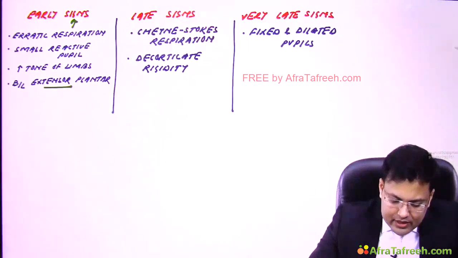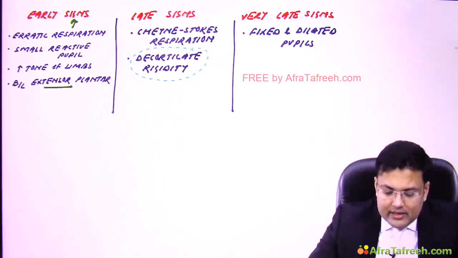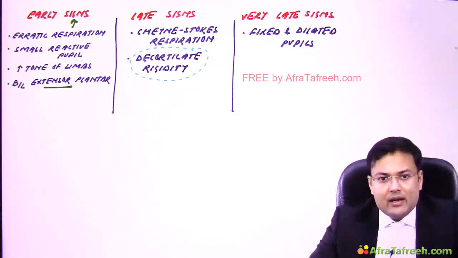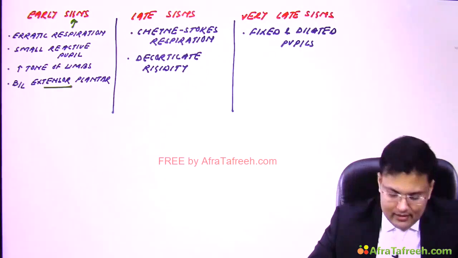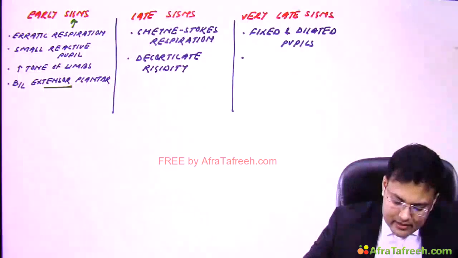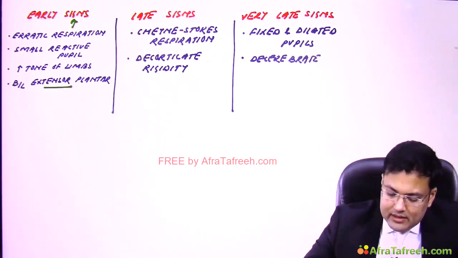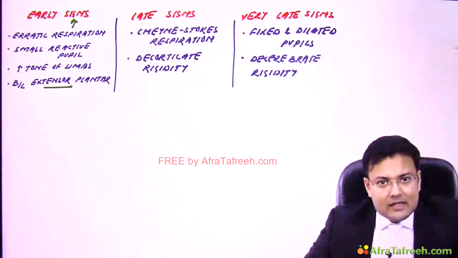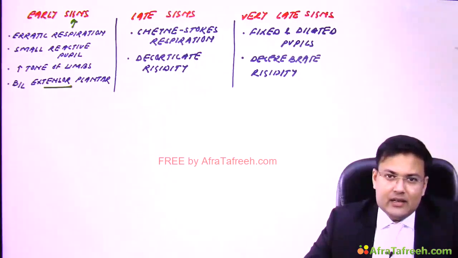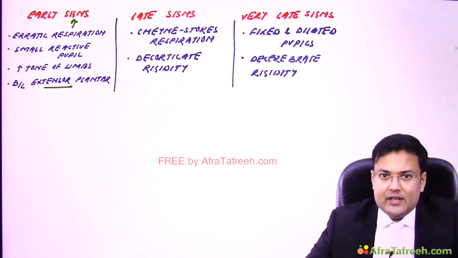Decorticate rigidity, you can see here, is a late sign, but decerebrate rigidity is a very late sign. So these are the signs associated with central, also known as tentorial herniation.